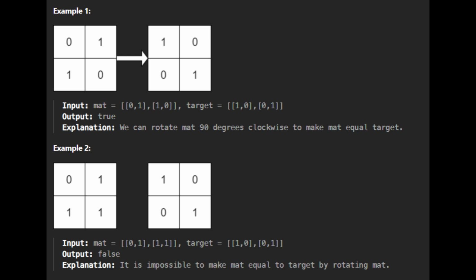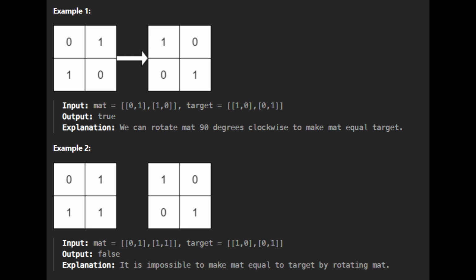Second example, the input matrix mat is 0, 1, 1, 1. The target matrix is 1, 0, 0, 1. Now let's try all possible rotations. First, check without rotation. The matrix does not match the target. Next, rotate by 90 degrees. The matrix changes, but it still does not match the target. Then rotate by 180 degrees.